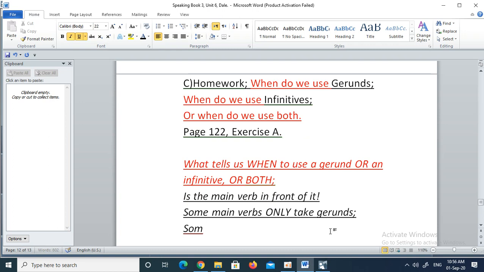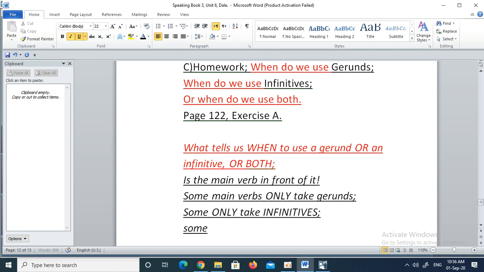Some only take infinitives. Some take both. All right. So the thing you need to look at is the main verb. The main verb is what will tell you whether you need to use a gerund or an infinitive or both.